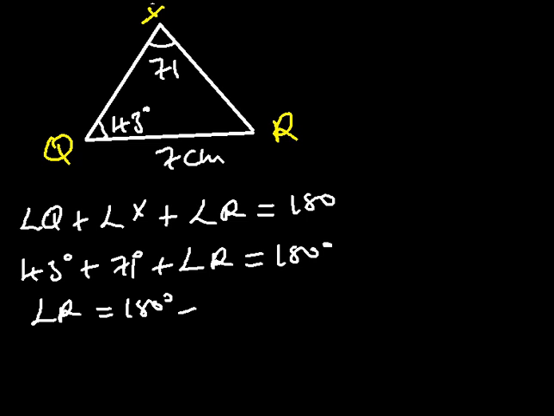So we have 180 minus 144, which should be 36 degrees. So angle R is given as 66 degrees, like that.